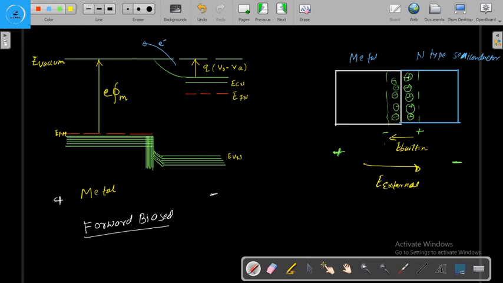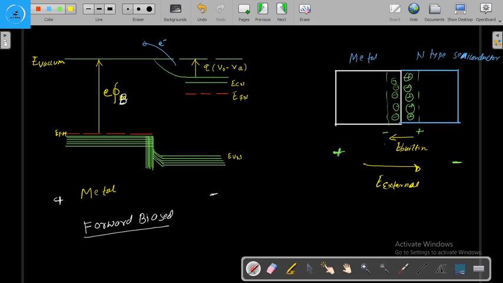So this electric field that is obtained by applying the external voltage will cancel out this built-in electric field, and due to that, this is the phi b, and this gap will be reduced, and now this gap will be equal to q into V naught minus Va, or we can say e into V naught minus Va.